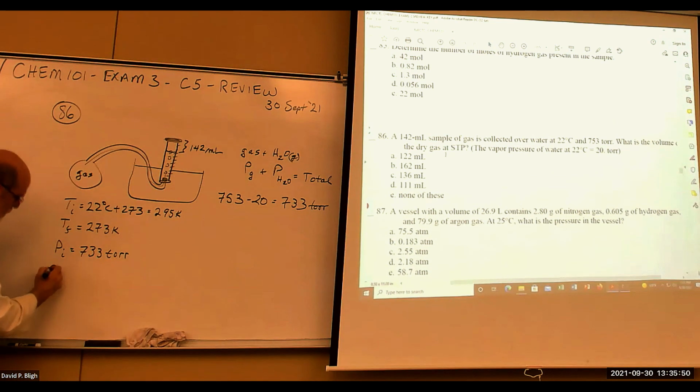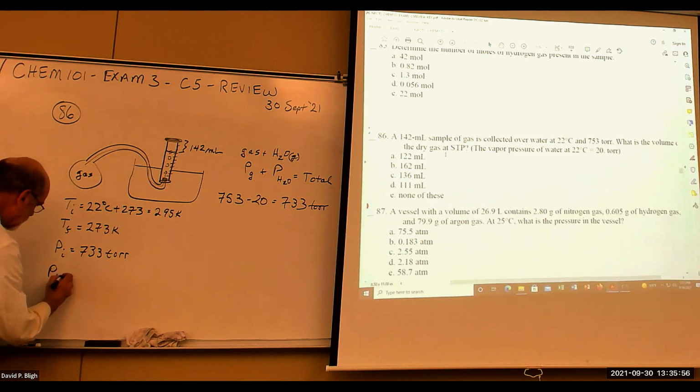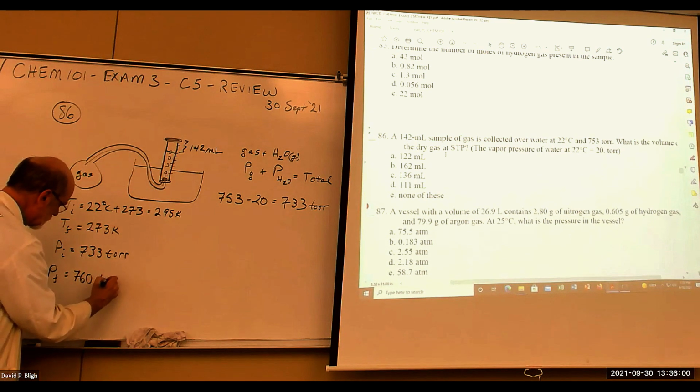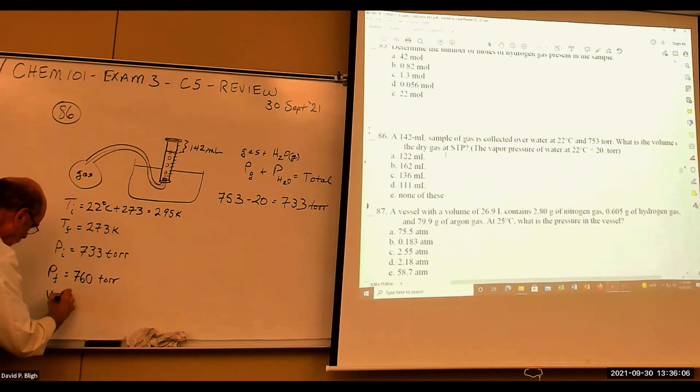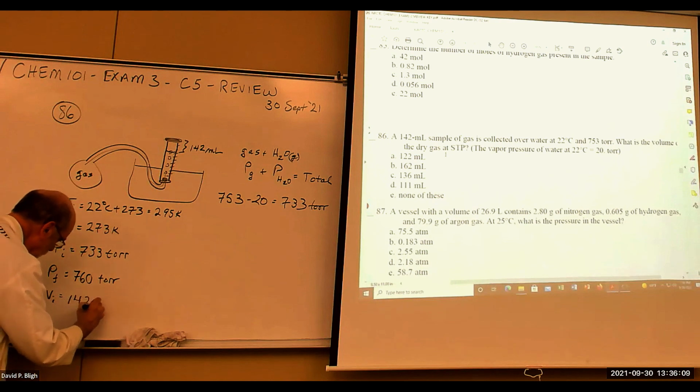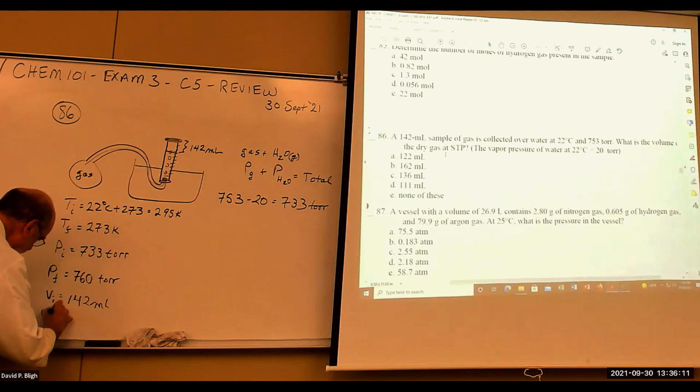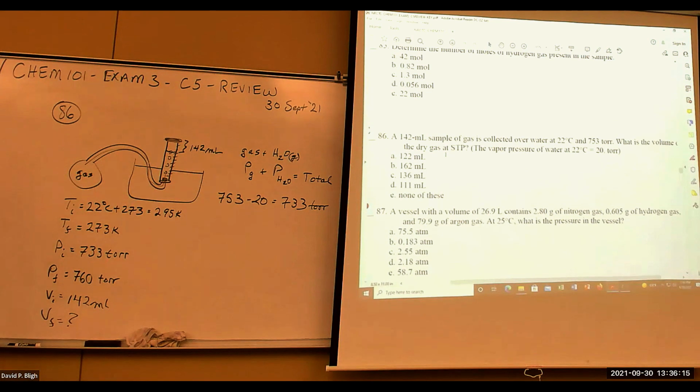So the final pressure, is that the question? No, volume. The final pressure is 1 atmosphere, or 760 torr. And the initial volume is 142 milliliters. So the final volume is the question. We have these three variables, and moles will not vary.